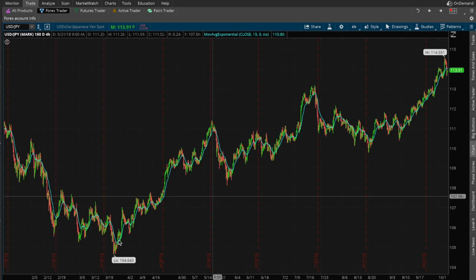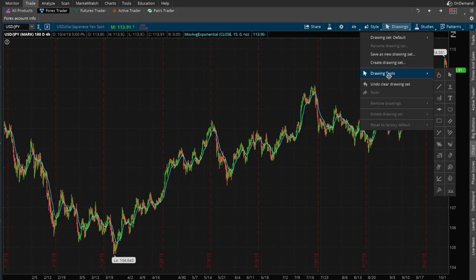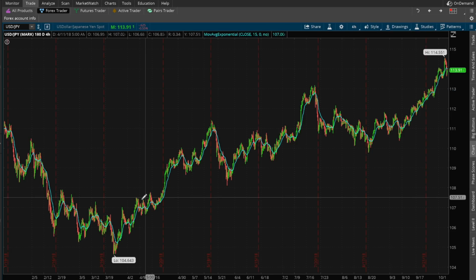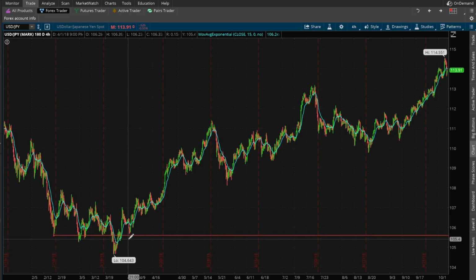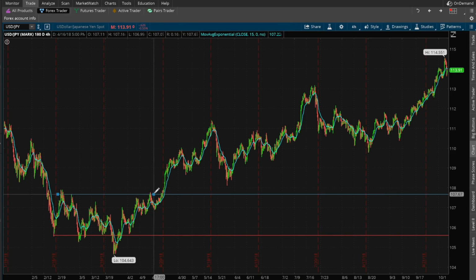So again, this is just another time it bounced at support here at 105.61. Let me make a quick drawing for you. This is a good support right here, 105.60, let's say. Therefore, I can make the assumption when it bounces over here, as it did a couple times, then I could wait for my confirmation and then maybe ride it up to this resistance level up here, right?